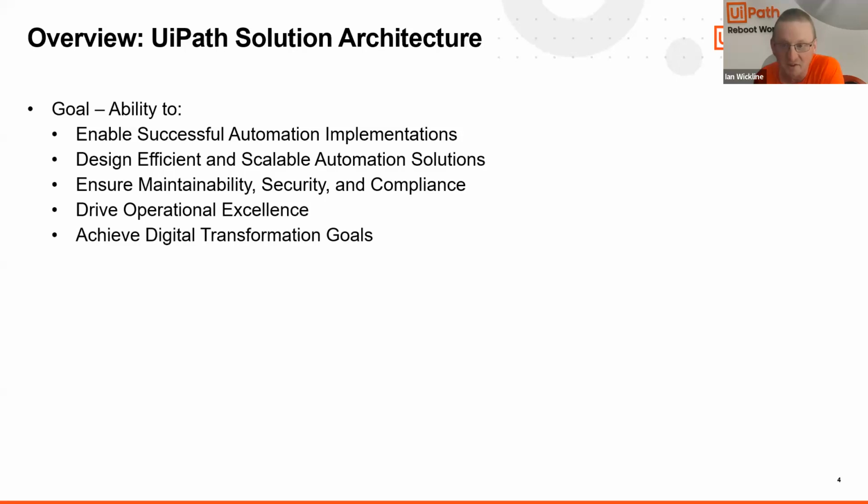The architecture tries to ensure that automation components can be reused across multiple processes. The idea of reusability not only saves development effort, but also promotes consistency, standardization, and leads to improved overall efficiency. Additionally, the architecture incorporates scalability considerations, allowing organizations to seamlessly expand their automation initiatives as the demand of the platform ultimately grows.